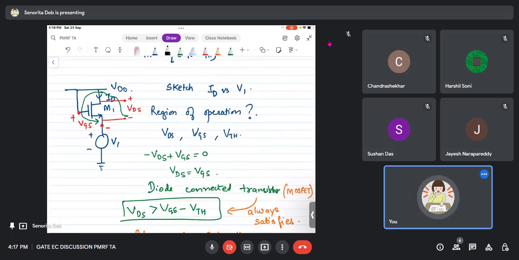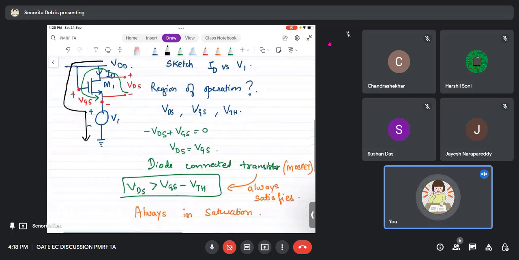Okay, now I will write the value of VGS. What is VGS? Apply KVL from the known values. Whatever is known is VDD and V1. By known I don't mean numerical value; I mean what is the voltage that is applied. So I can put a KVL this way, the black path.